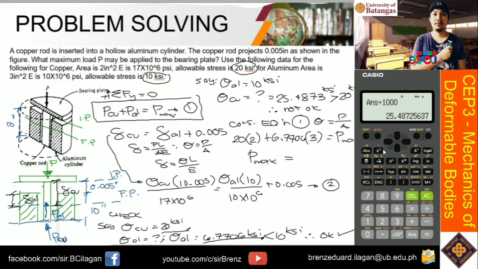Pindutin lang ulit natin. So we have 20 times 2 and plus 6.7706 times 3. So the answer is 60.3118. Okay, so this is our answer.